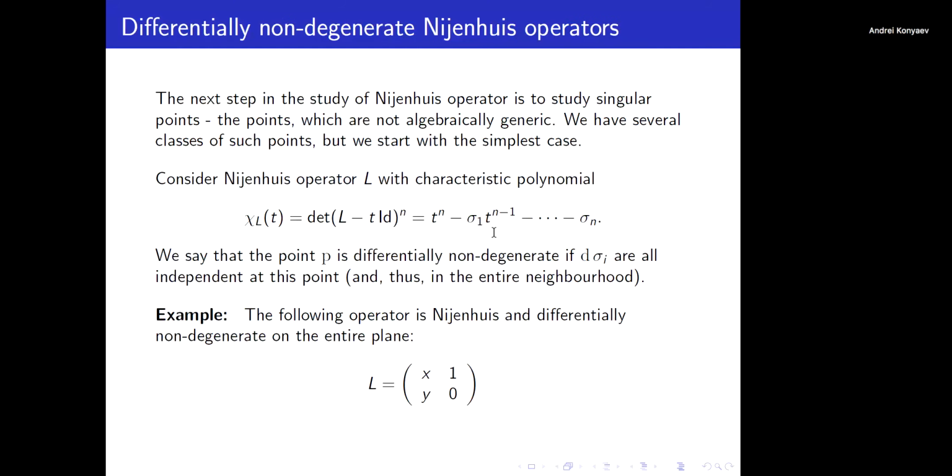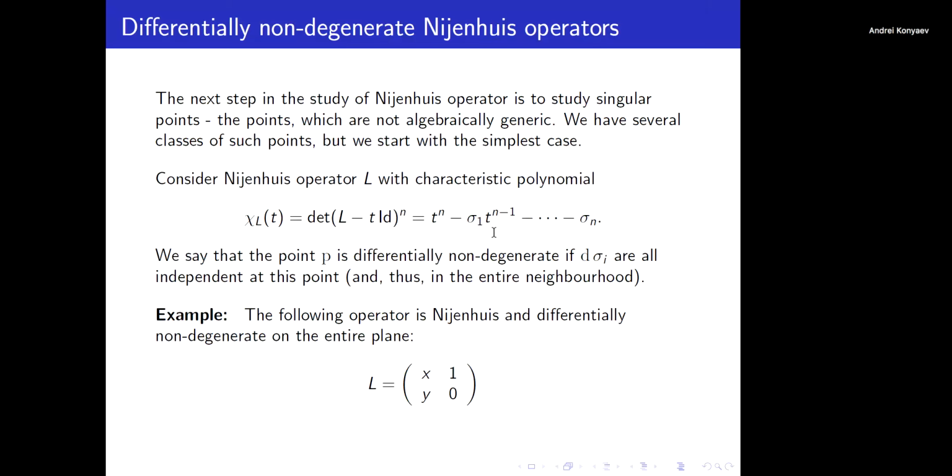The singular points are the points which are not algebraically generic, right? So what you do have is, when you get close to this point, the algebraic structure of the operator becomes perturbed, it transforms, and this transformation can be wild.